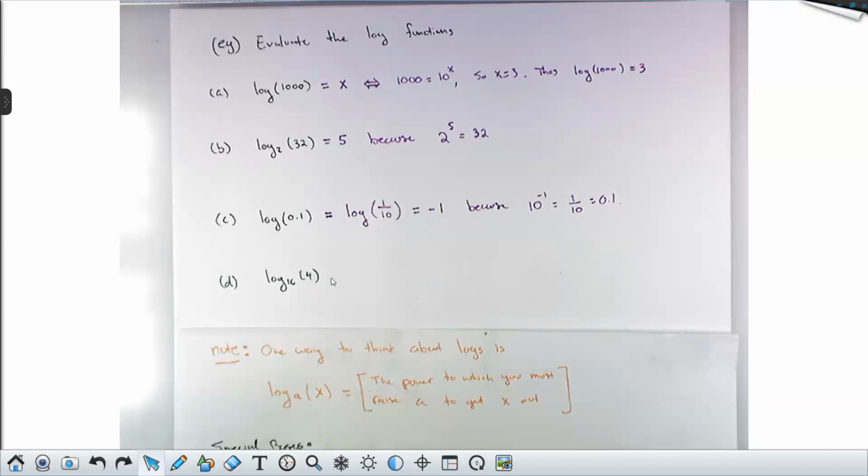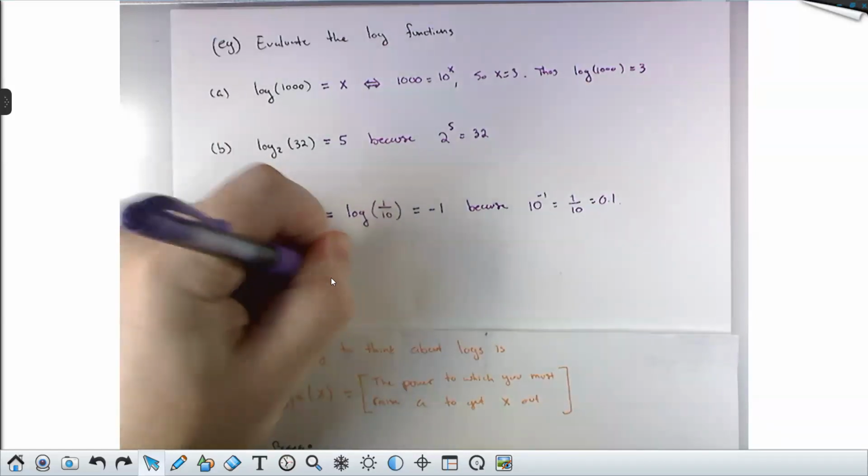Is it 1/4? Almost. The 4th root of 16 is 2, right? 16 to the 1/4 power is 2. That's going a little bit past where we need to go. Is it 1/2? Yeah, 1/2.